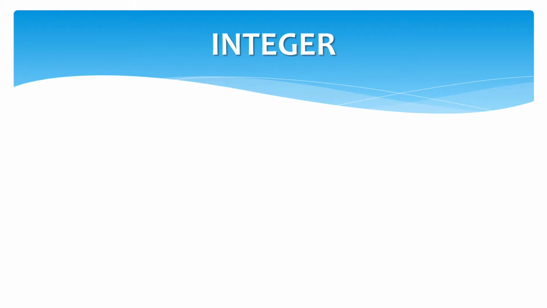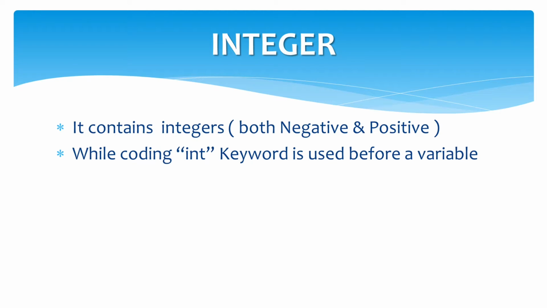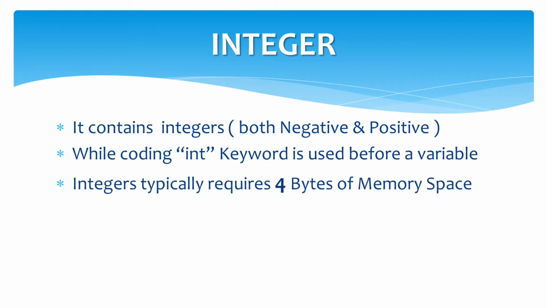So let's start with integer. I already told you that it contains integers, both negative and positive. While coding, the keyword used is int. So before any variable, you have to use int, like int a. Now the data type of a is int, integer. So this is how it works.